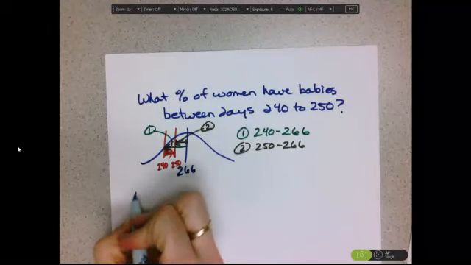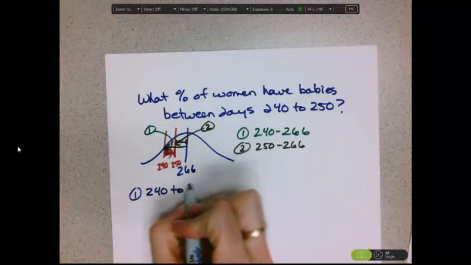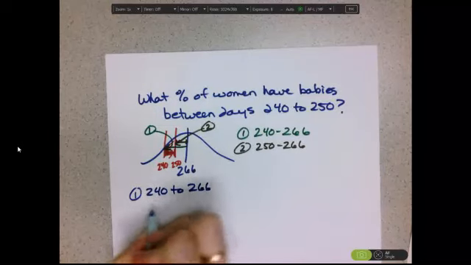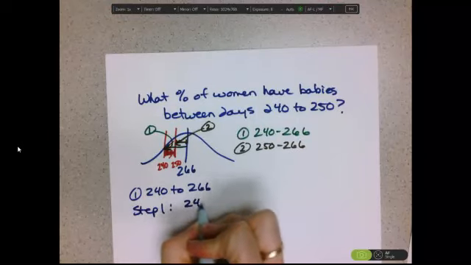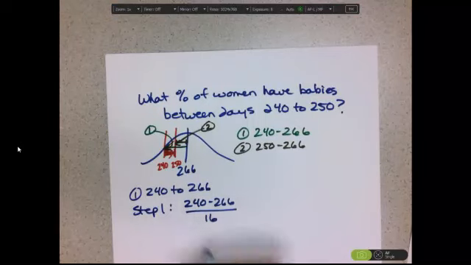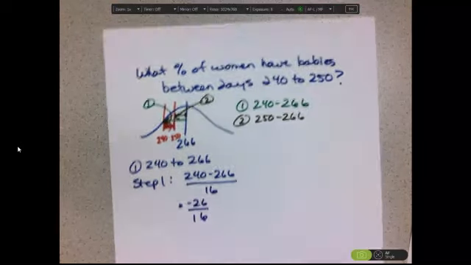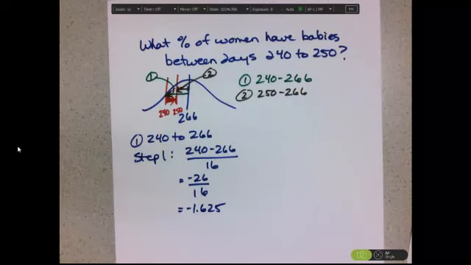The first chunk, step number 1, is 240 to 266. Our standard deviation is the same, so it's minus 26 over 16. Our values are negative because they're below the mean.